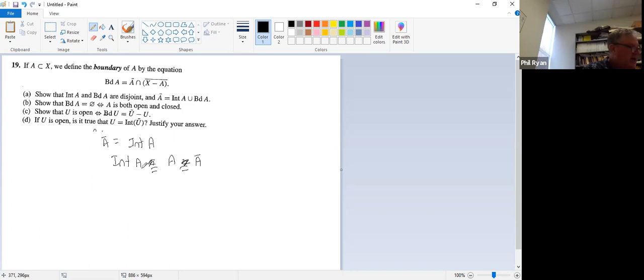And then this shows that A is the interior of A, so it's open, and A is equal to the closure of A, so it's closed.